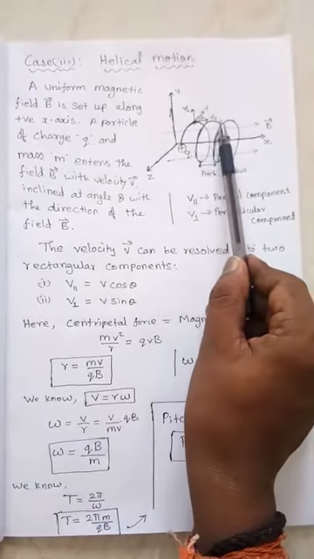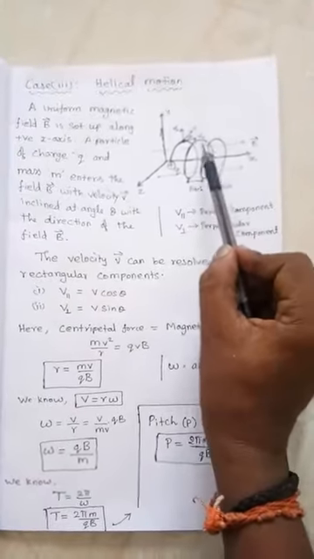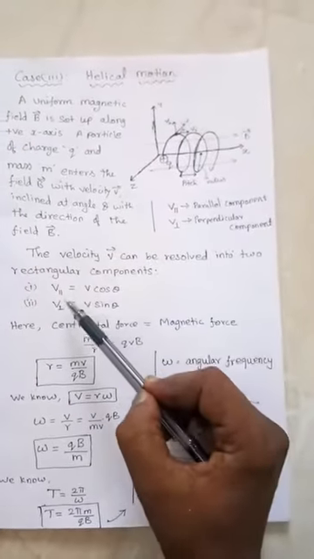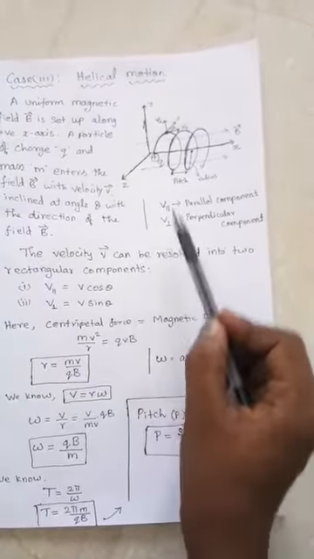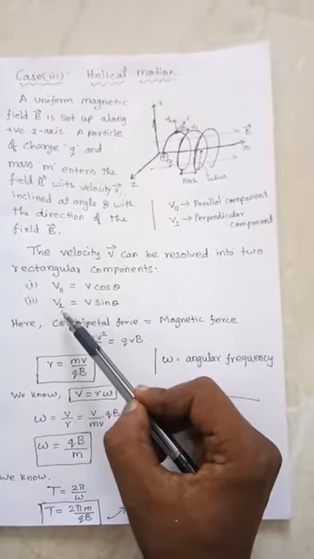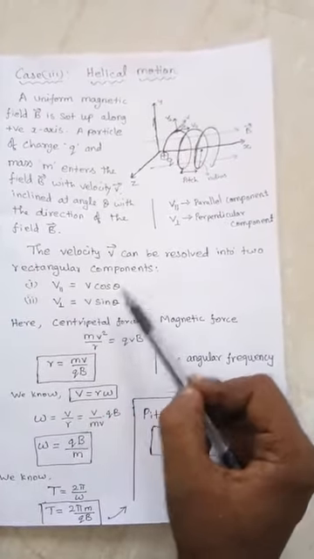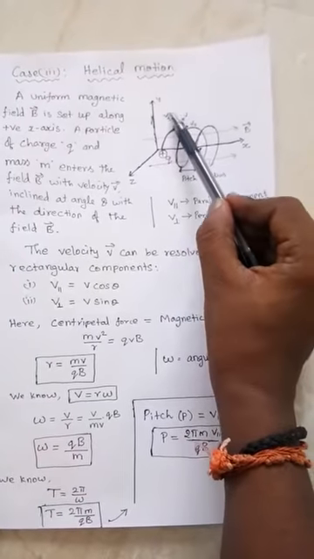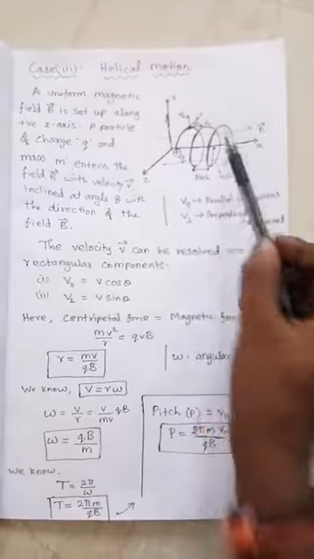One is the x component, another is the y component. The x component is the parallel one: v parallel is equal to v cos theta. And the second component, v perpendicular, is equal to v sin theta. v perpendicular is along the y direction, and along the x direction is v parallel, v cos theta.